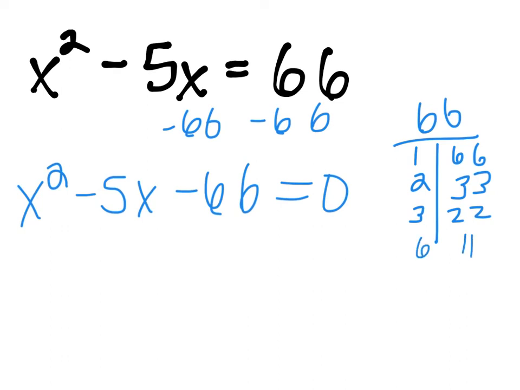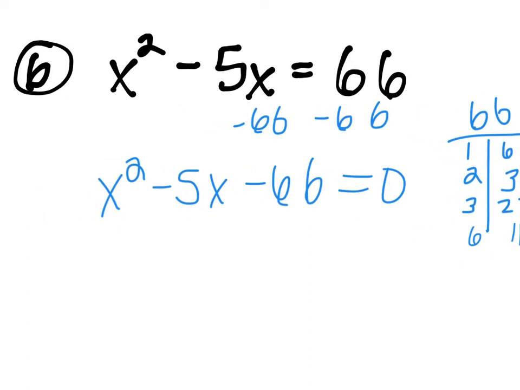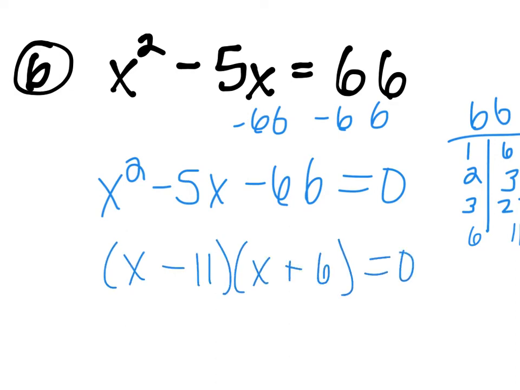What combination will give me a 5 somehow? 6 and 11. So what are my signs going to be? Negative 11 and positive 6. Why? Because you need a negative 5 when you add them, and you need a negative 66 when you multiply.